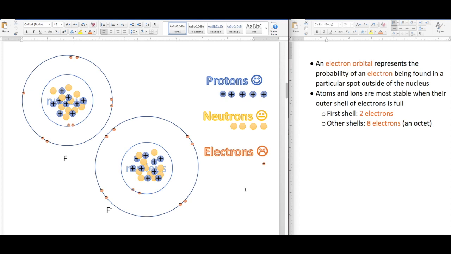And just to review, when it gained that electron, it also got a little bit larger. But now it's also more stable because its outer shell contains the desired 8 electrons. And that 8 electrons is also known as an octet.